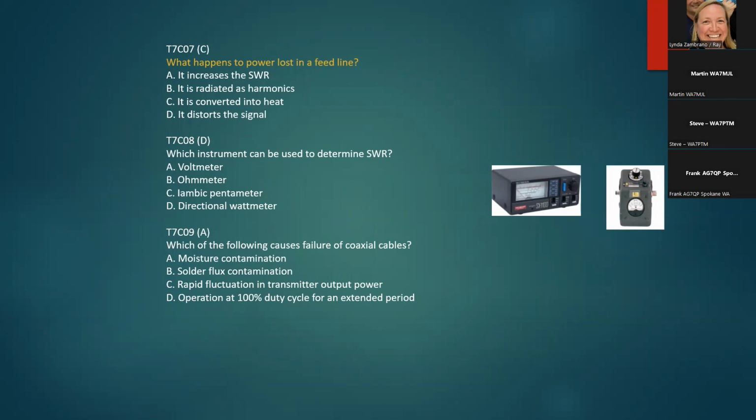C7, what happens to the power lost in a feed line? It's not really lost, it's just not transmitted and bounces back to your transmitter and is converted into heat. And that's very, very bad for your transmitter.